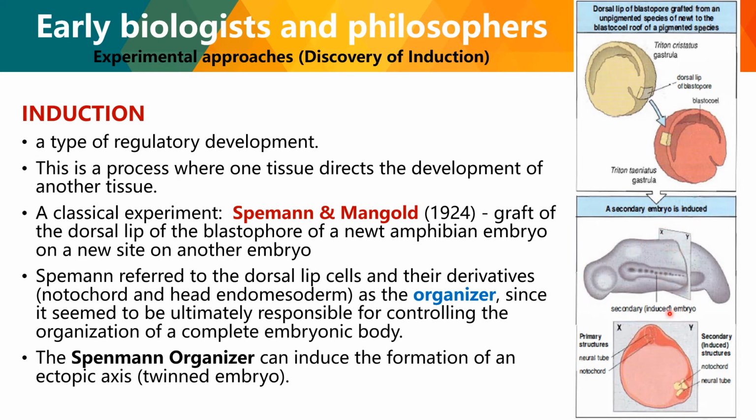So if this is the first embryo that has been developed, the induced one is here inside. Okay? So you will see here that the pink picture was actually the first embryo, and then at the side of it is the picture of the secondary induced embryo. Okay.